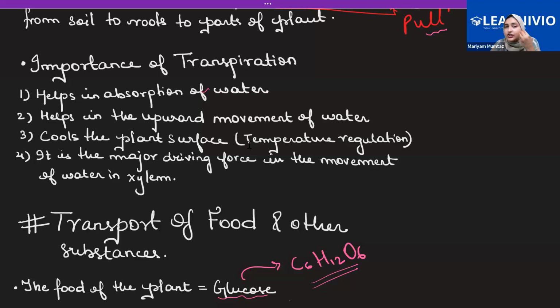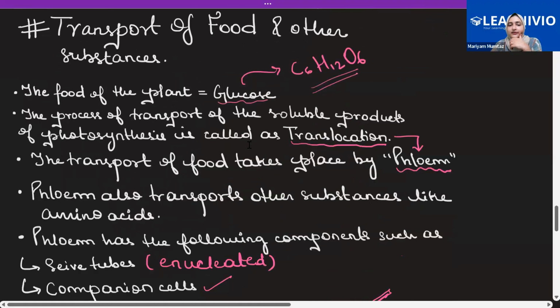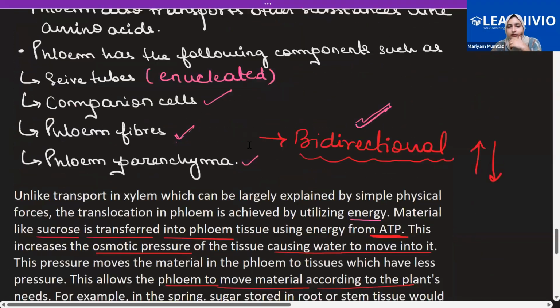It is a temperature regulation mechanism. If transpiration is not there, it will be very difficult for the plant to absorb water from the soil. Got it? Yes, ma'am. Any doubts? No, ma'am.